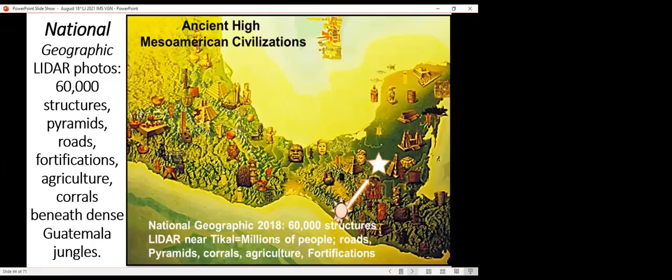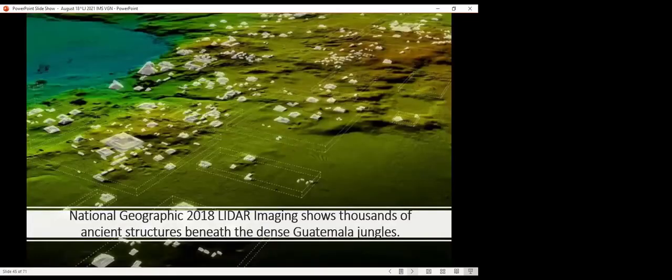This National Geographic picture illustrated that and gave us another century of research that scholars now are looking through the jungle canopy and seeing the remnants of earlier structures, as illustrated here at Tikal.